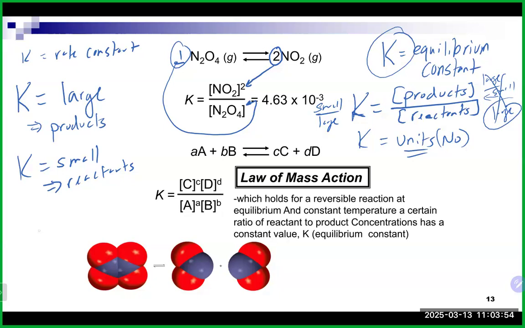What is considered a large value for K? Anything above the big number 1 is considered a large value of the equilibrium constant. Anything less than 1 is considered a small value. So in general, if you see a negative exponent associated with K, it will probably be considered small, and anything above 1 would be a large value.